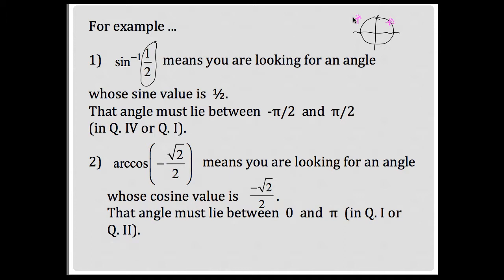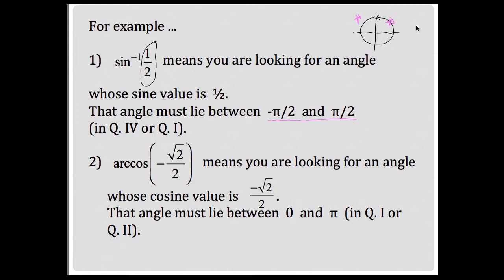All right, so by virtue of how the notation is, that is your indication. You are dealing with functions, therefore you can only have one answer. That answer is coming from what those restricted ranges were. In this case, the restricted range for inverse sine was in between negative pi over 2 and positive pi over 2. Remember how I told you to think of the quadrants?